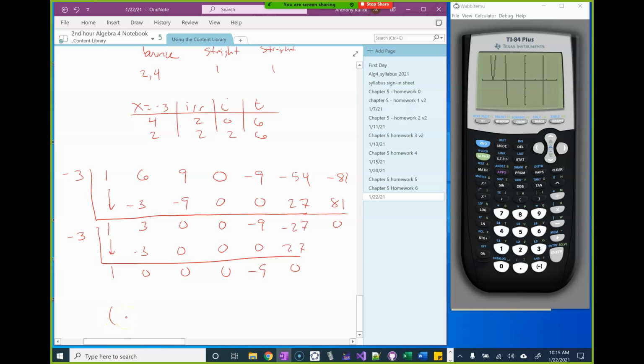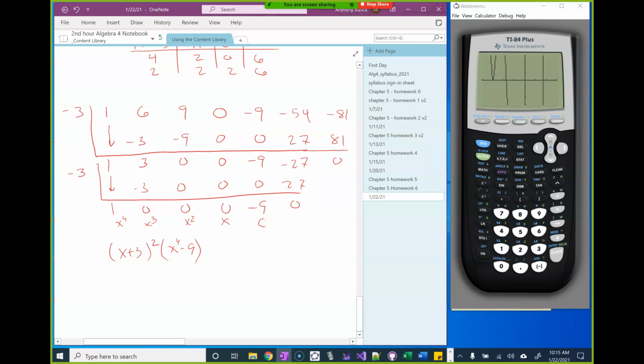So I can certainly factor that into x squared minus 3 times x squared plus 3. Can I factor either of those? No, right? The 3 is not a perfect square. It's obviously not a difference of cubes or a sum of cubes. x squared plus 3 is an addition problem, and clearly not a difference of cubes. So that's it.